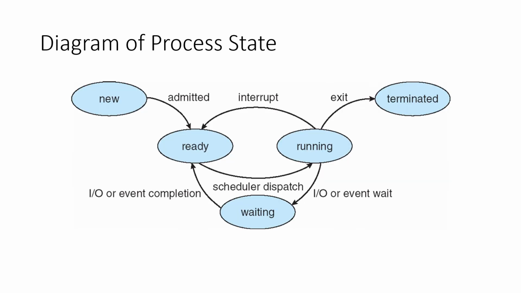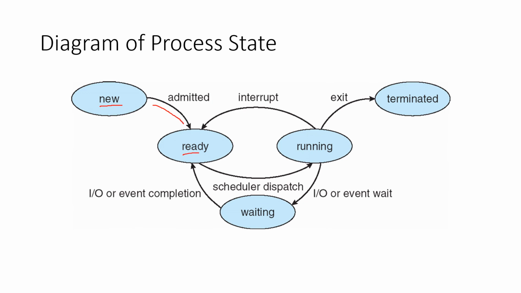So this can be seen through this diagram. Here we have new, wherein the process execution starts when you ask the operating system to execute that process. That is when the process gets admitted into the ready state.